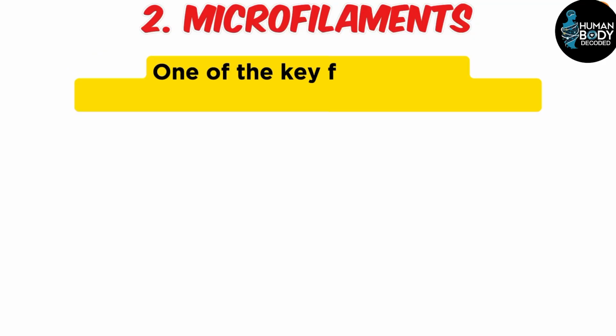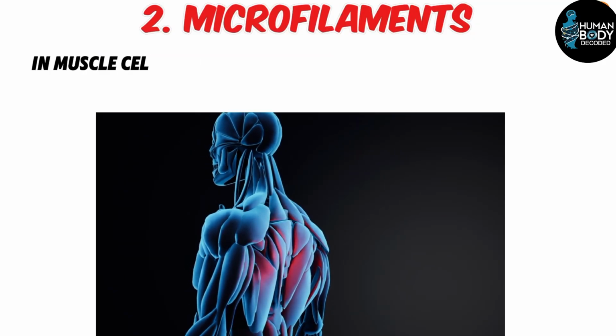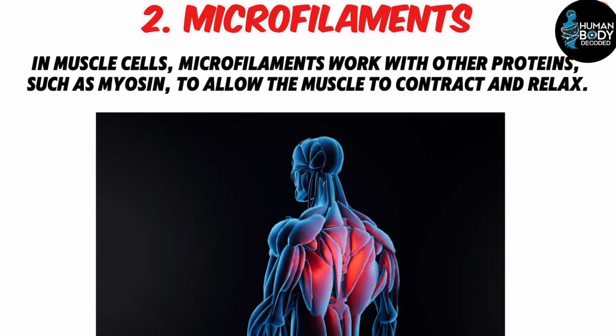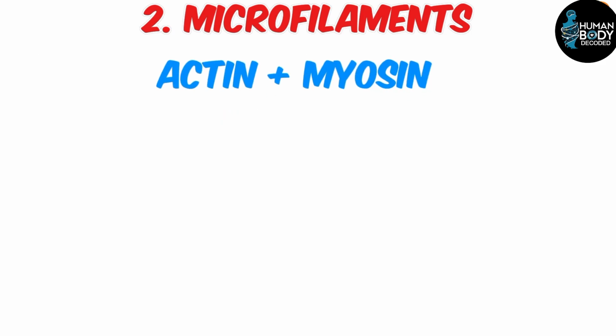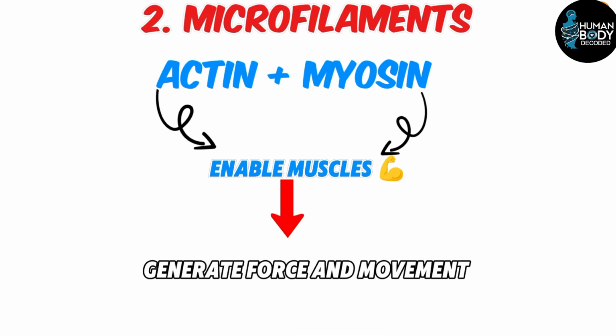One of the key functions of microfilaments is in muscle contraction. In muscle cells, microfilaments work with other proteins such as myosin to allow the muscle to contract and relax. This interaction between actin and myosin is what enables muscles to generate force and movement.